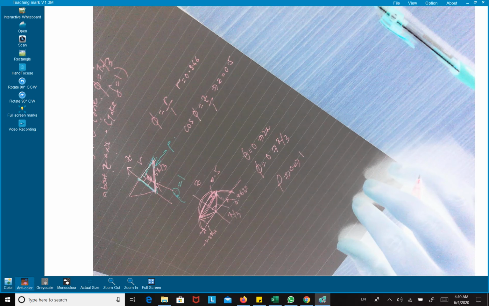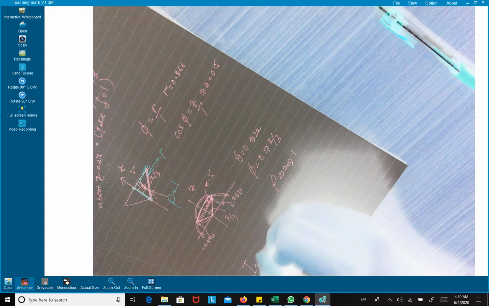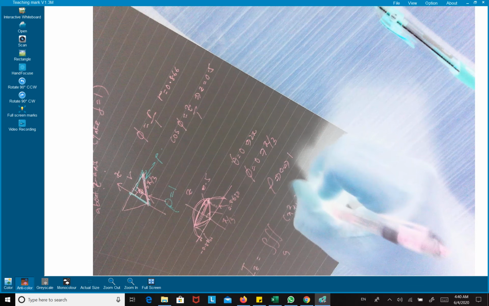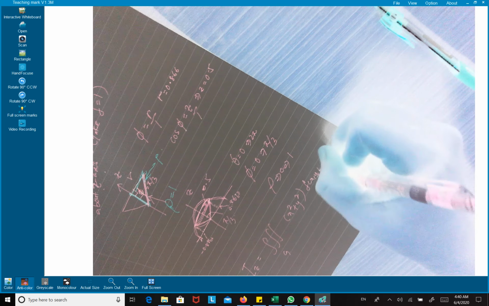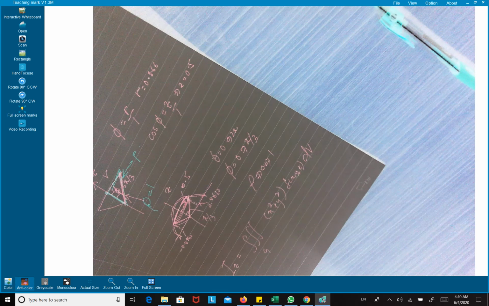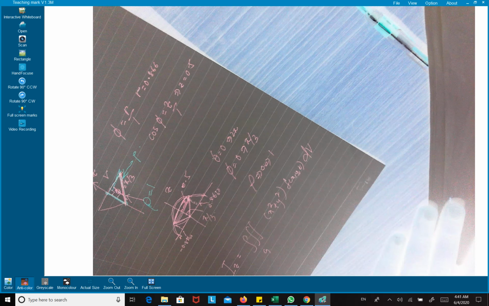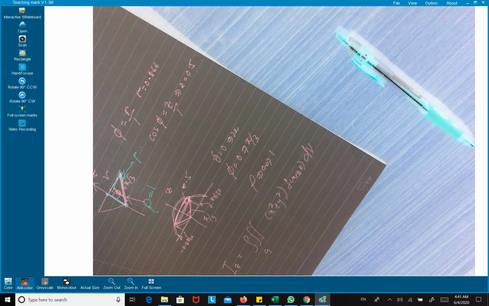So we have to use spherical coordinates. They ask for the moment of inertia about z, which means the triple integral over G of x squared plus y squared, you have to remember, times the density, dV. Let me draw again.